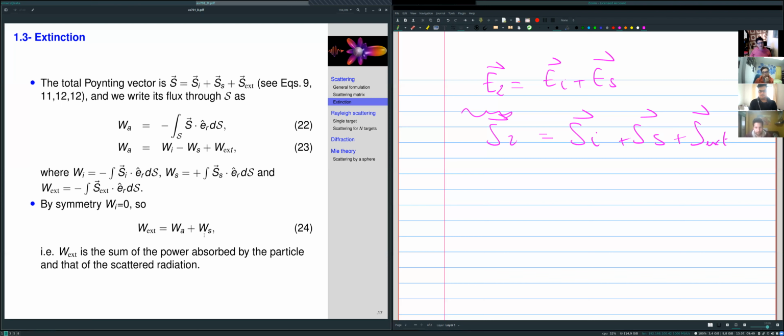We're saying that the total Poynting vector in the scattering problem is decomposed by the incident vector, whose flux through the sphere is 0. Okay, we know that. Then the scattered component, which is non-zero, has a flux through the sphere because it is radiating away into the far zone.